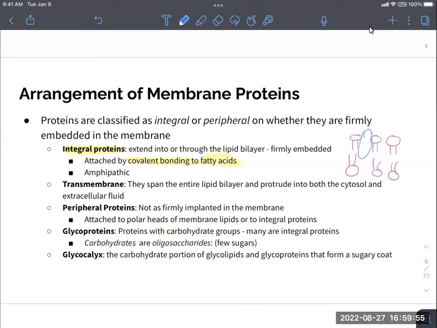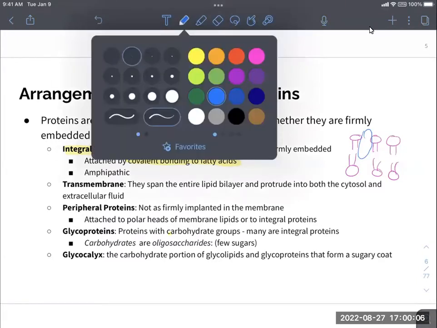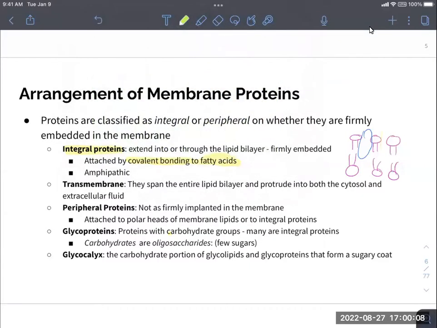We also have transmembrane proteins. They extend the entire length of this membrane wall. They go both into the cytoplasm and the extracellular fluid.